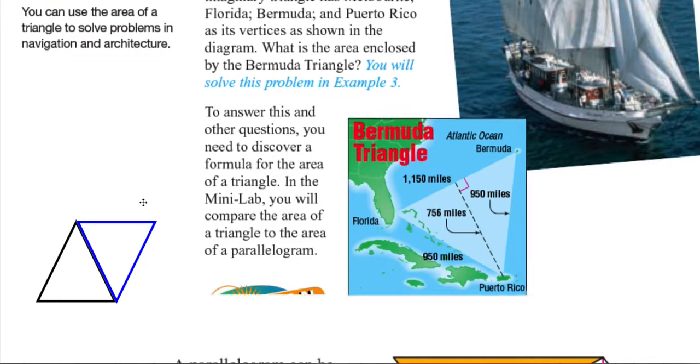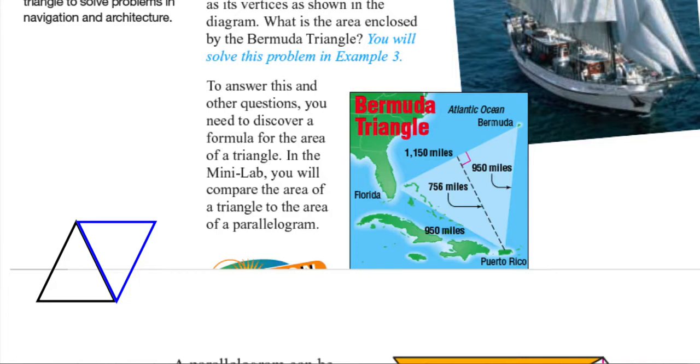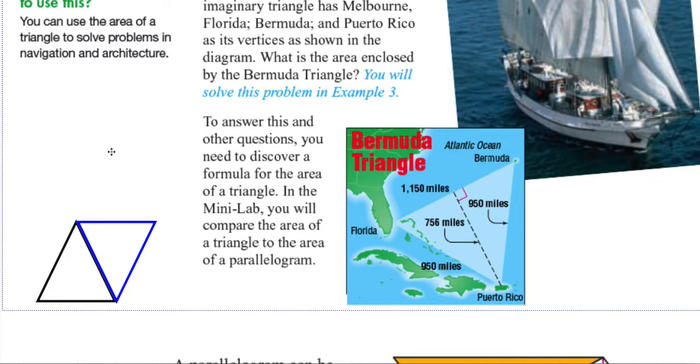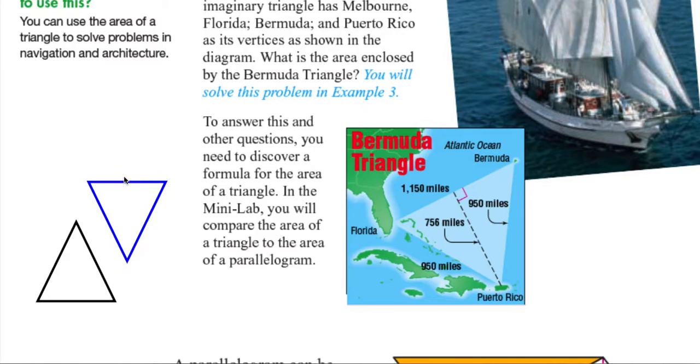If I take out the blue triangle and just find the area of this triangle, the area of the triangle is actually half the area of a parallelogram.